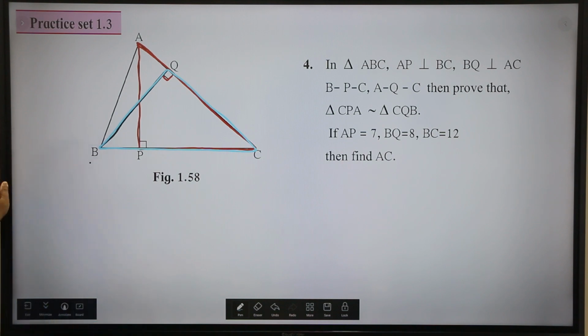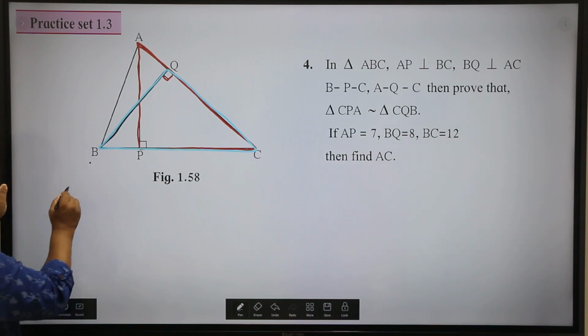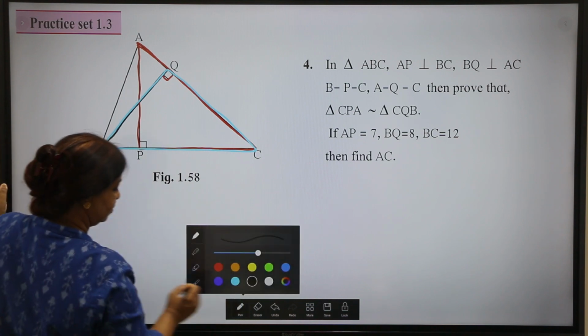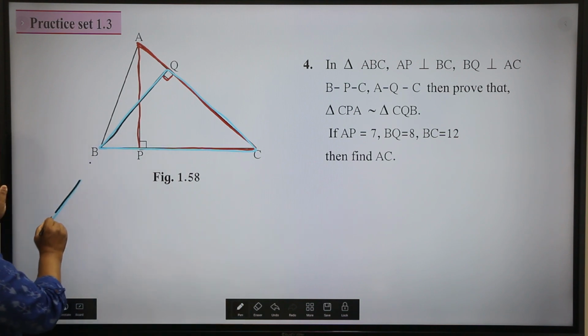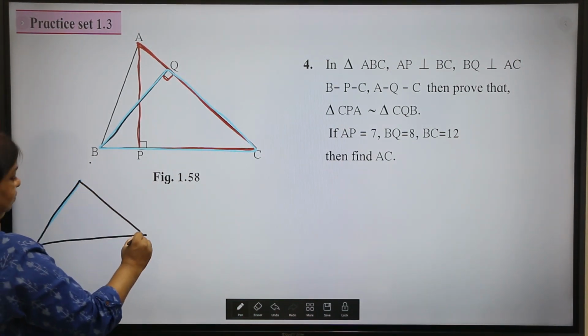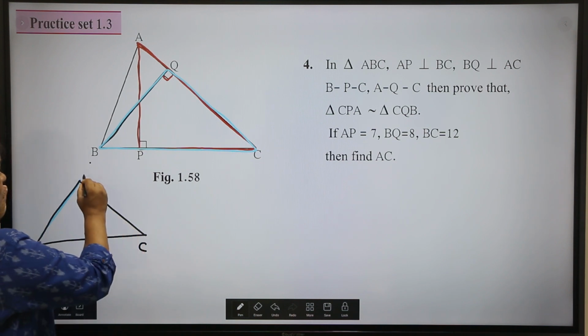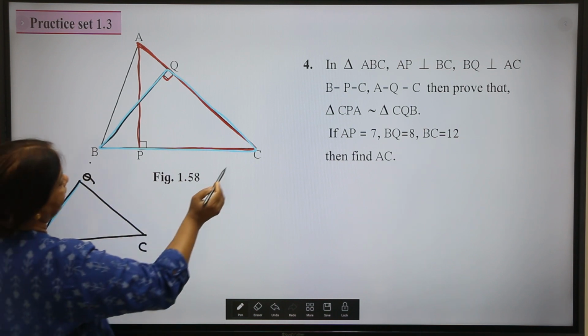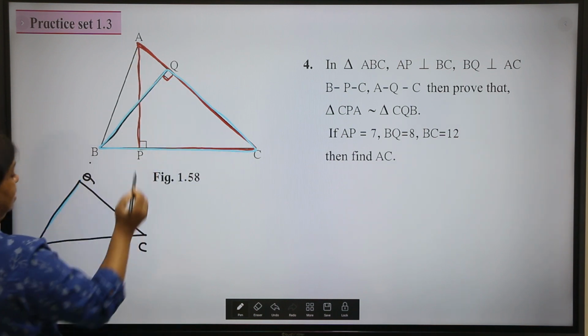So again, these are two triangles which are overlapping one another. If I happen to draw them separately, for example, I am drawing CQB here. See, my triangle CQB is here. This is CQB, and CAP.